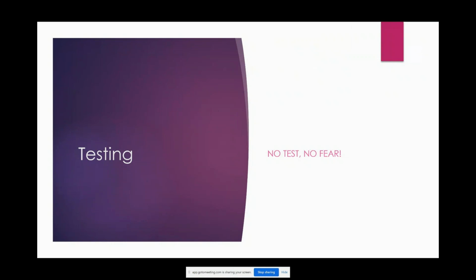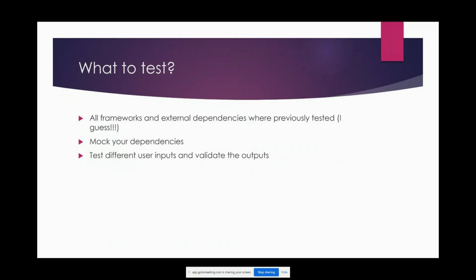About testing, I have a pin that says exactly this sentence: no test, no fear. Okay, so what do I need to test when I create a view model? First, we need to test our code.